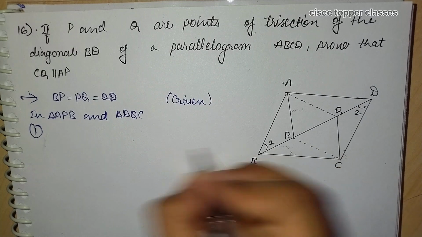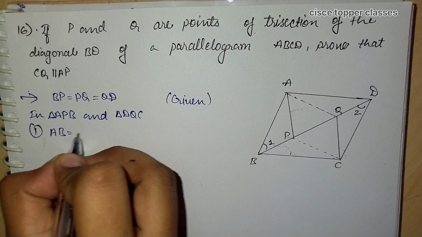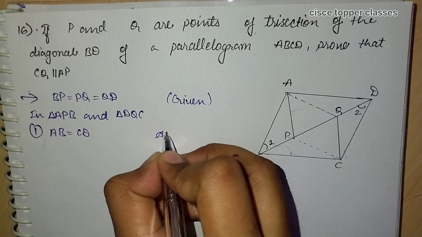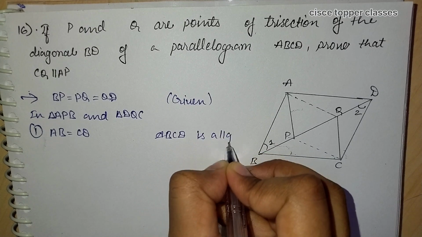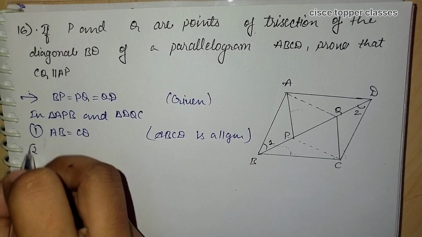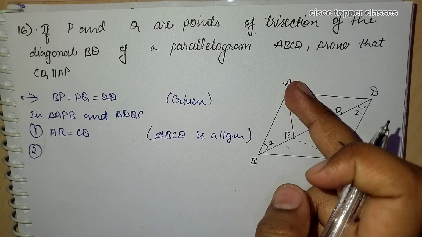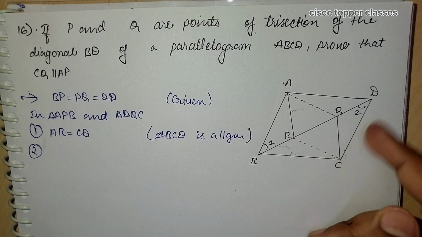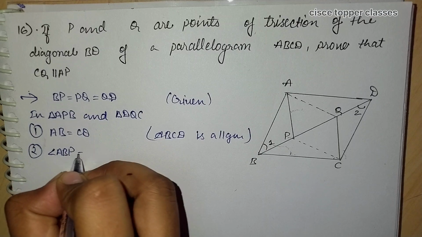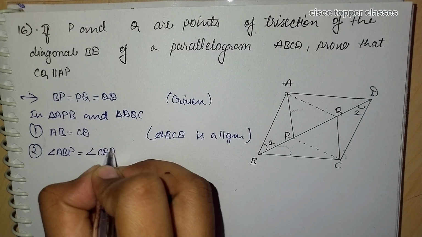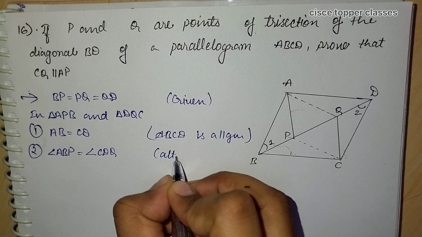Here we have AB is equal to CD because ABCD is a parallelogram and opposite sides of a parallelogram are equal. The second part is angle ABP is equal to angle CDQ because these are alternate angles.